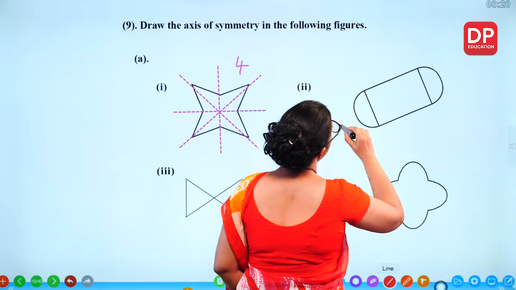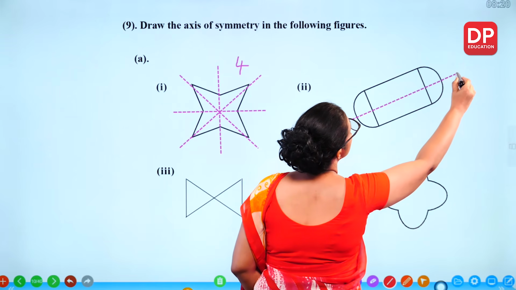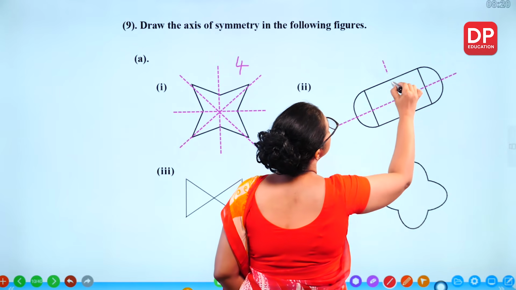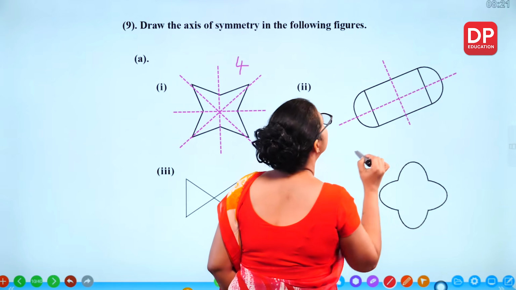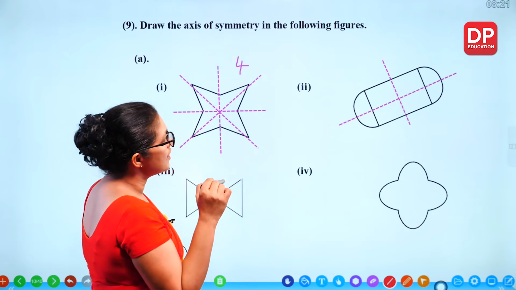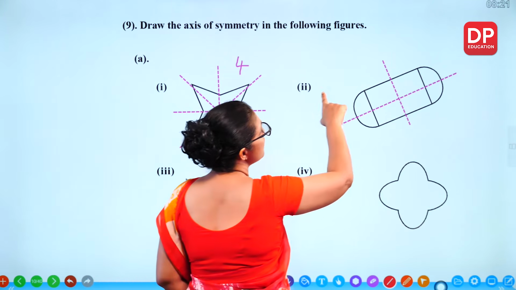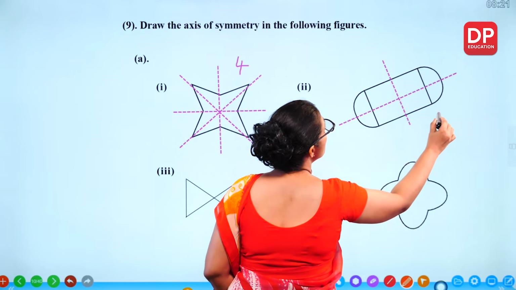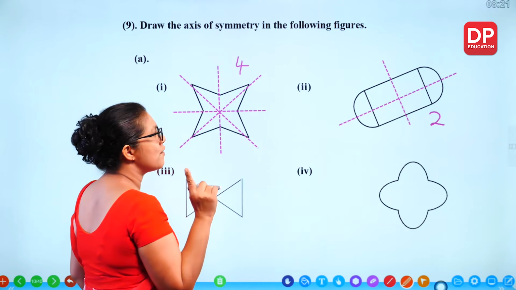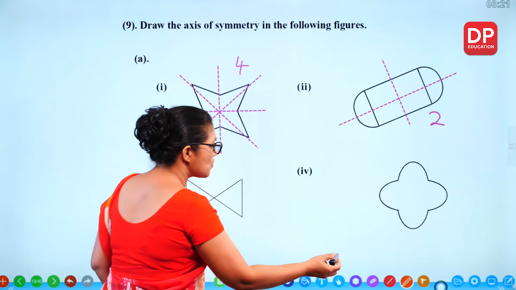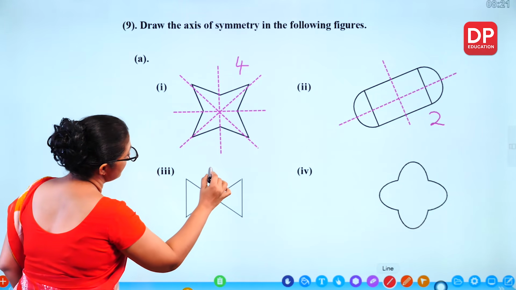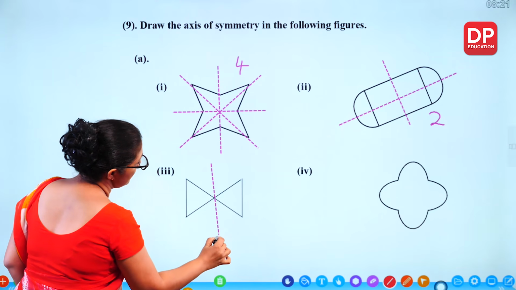4 axes of symmetry. This one, I can divide along this way. And here also this way. What else? Can I draw this way? You can't. So only 2 axes of symmetry in that figure. This one, I can draw a line like this.